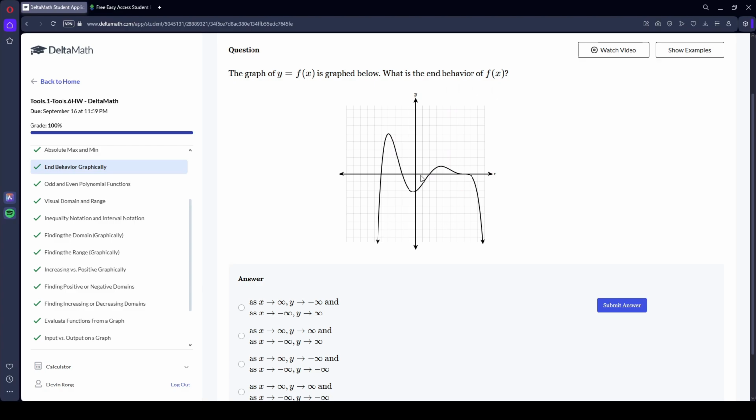So we can see that when x moves to the left, this side of the graph, we say going left as in x approaches negative infinity. My bad.